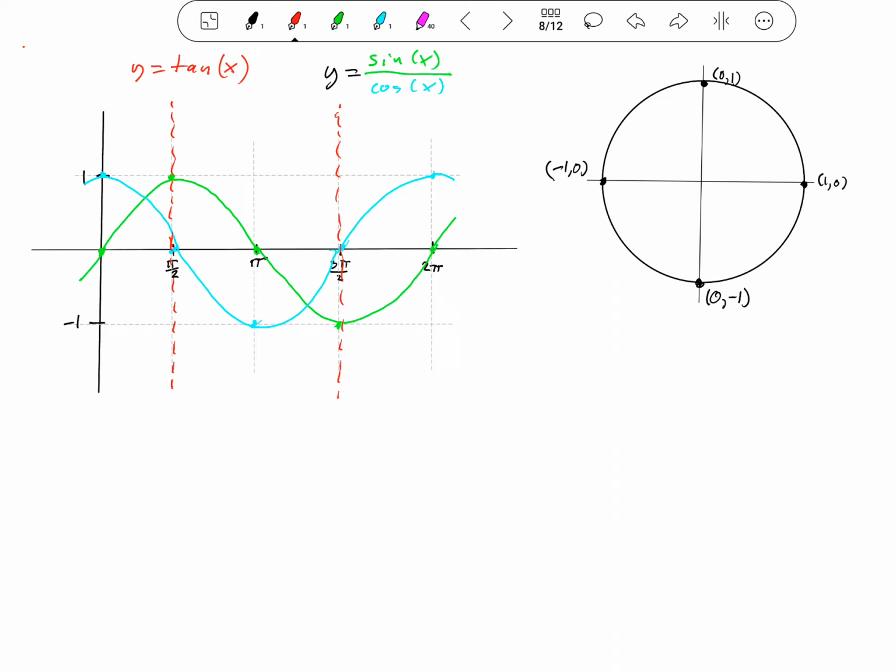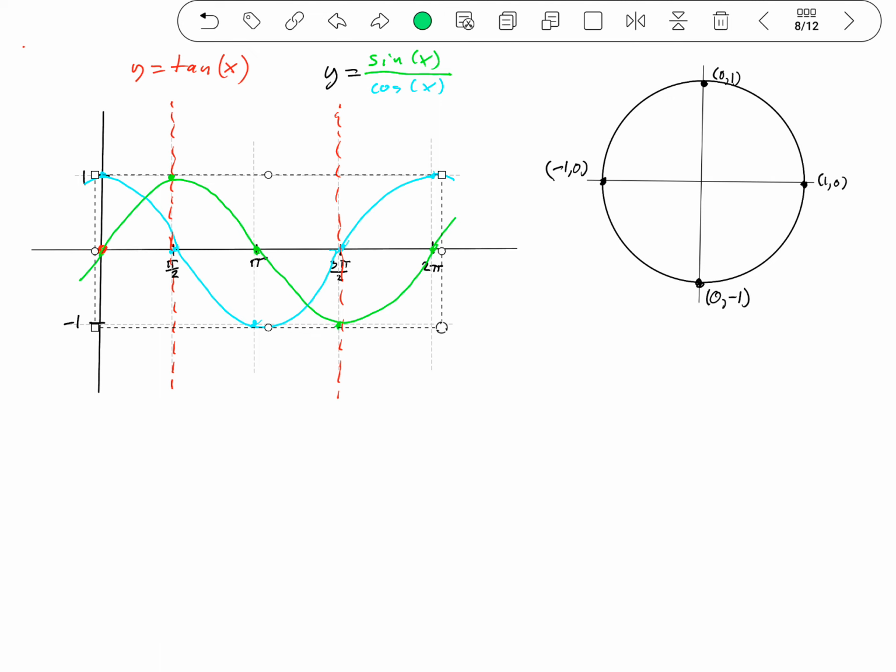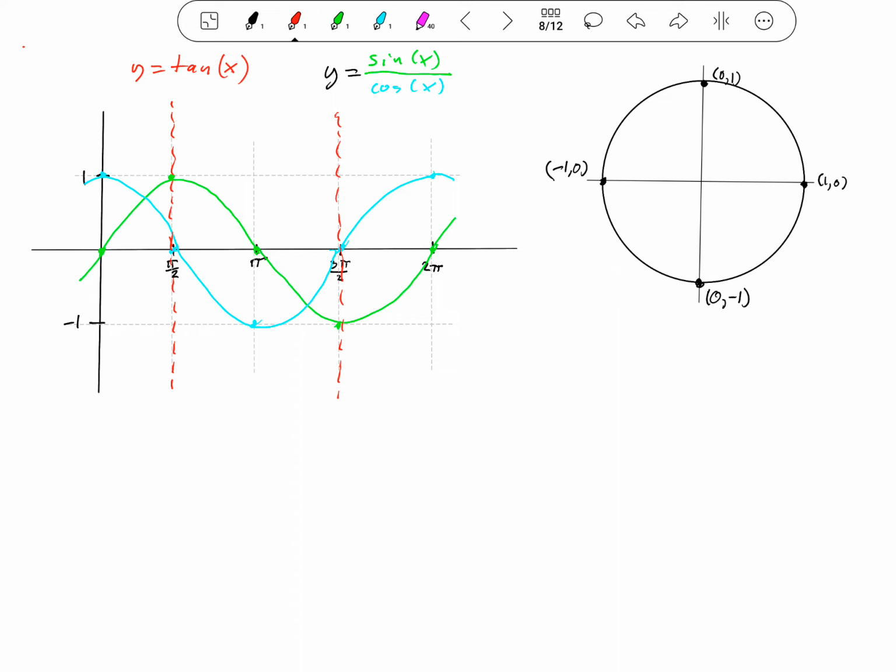And whenever sine x is 0, that's going to correspond to a 0. So I'm getting zeros here, here, and here.